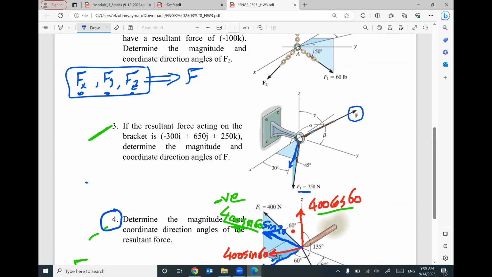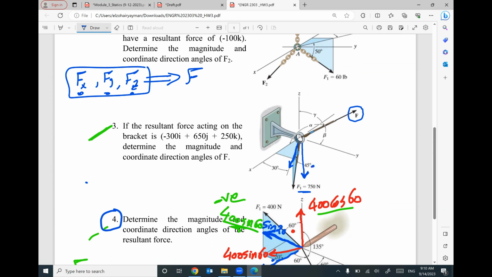So I will break my force between the projection line and Z. Your Z will be down because the force F1 is broken between this one and this one. Which angle is in between the two blue lines?